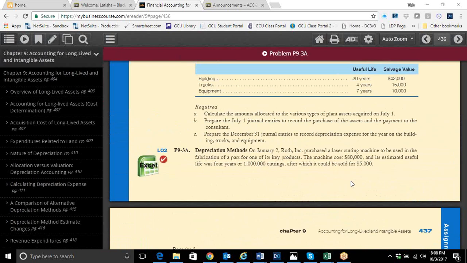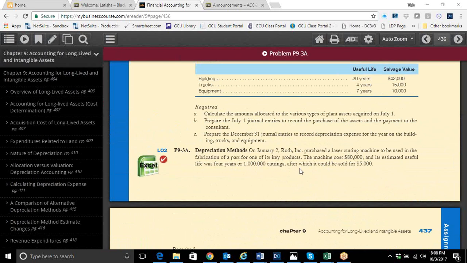Okay, and they give you the numbers that you need for those. So to calculate that depreciation cost, you've got a machine cost of $80,000, estimated useful life of 4 years, after which it could be sold for $5,000.